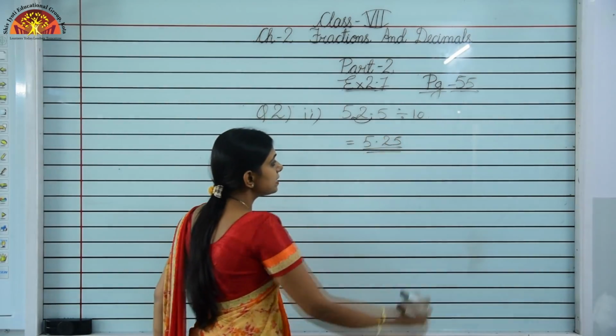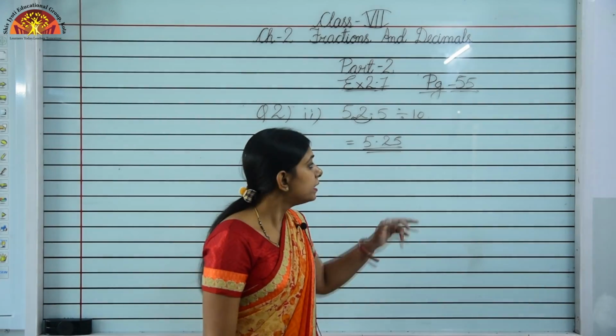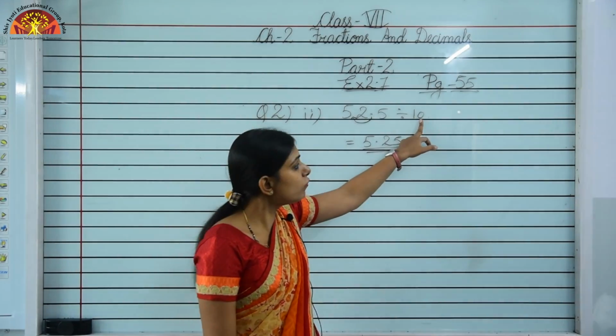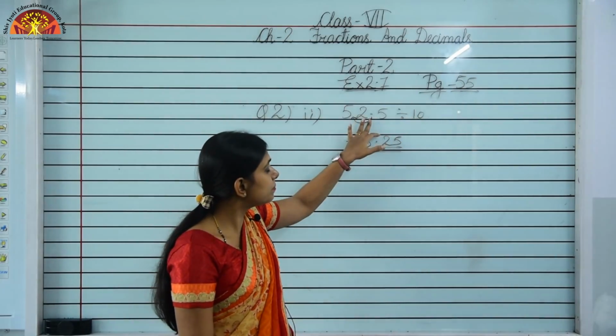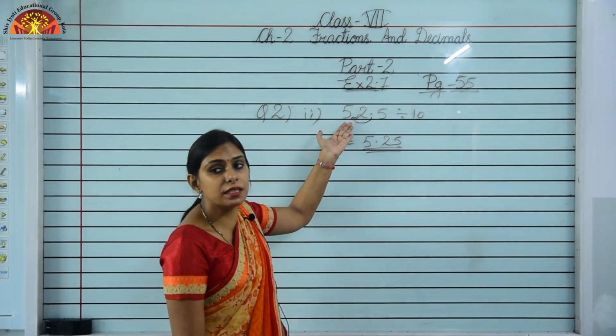The number of decimal places that you have to shift, it depends on the multiple of 10. Since there was 1 0, so we have shifted this decimal towards the one place towards the left.